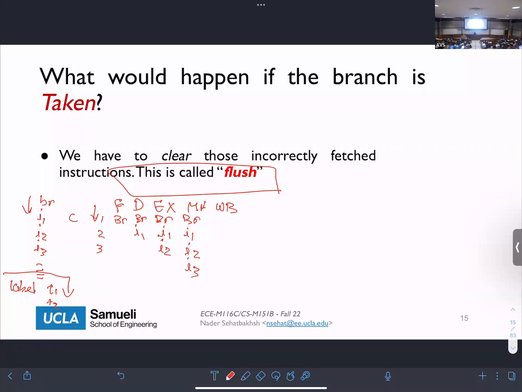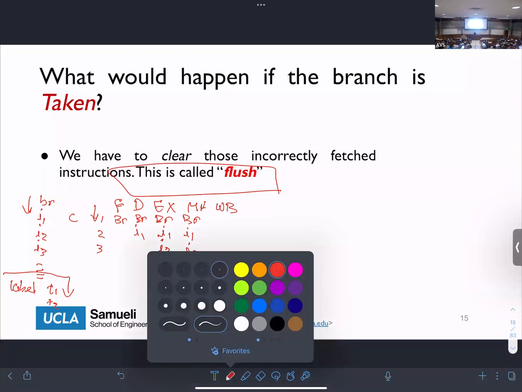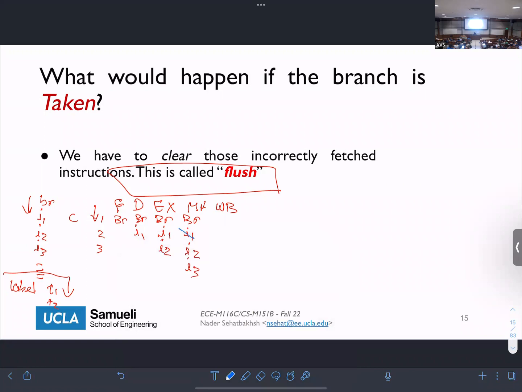So at this point, we say we made a mistake, and we will flush these instructions with the method that I'm going to describe in the next slide. Whatever there is in these instructions here, we have to just ignore altogether.